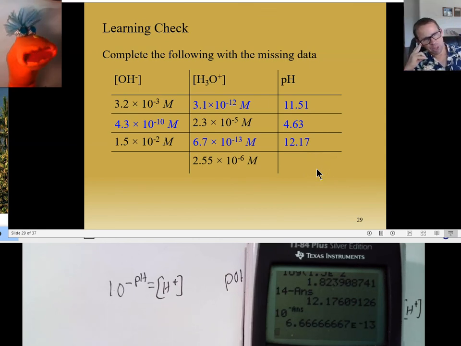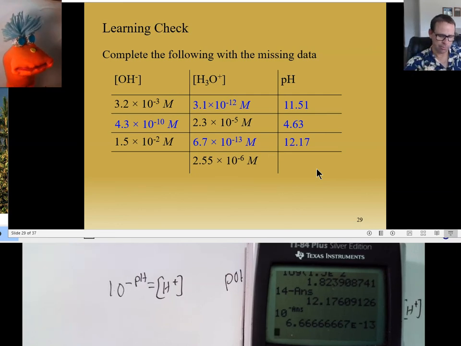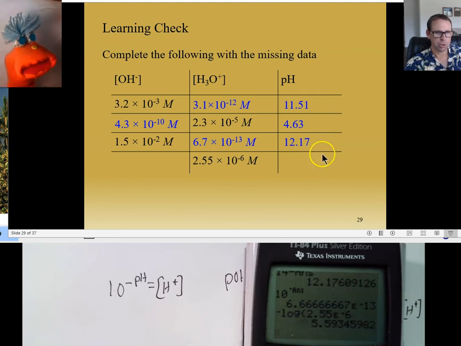Okay, negative log of the hydrogen ion concentration. Very good. Negative log of 2.55 times 10 to the minus 6. That should be the pH. All right. And then the hydroxide ion concentration, 14 minus that. That should give you the pOH.